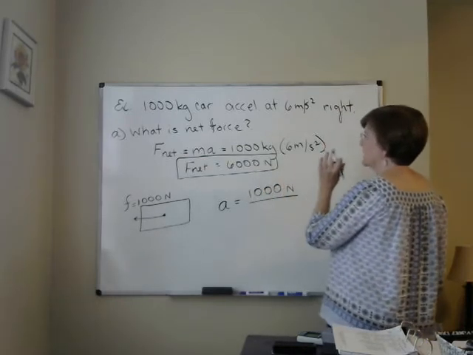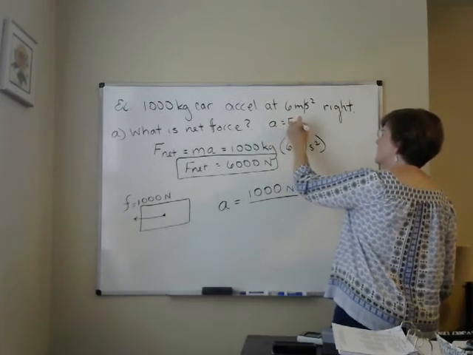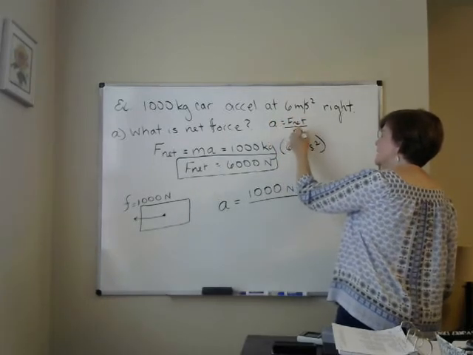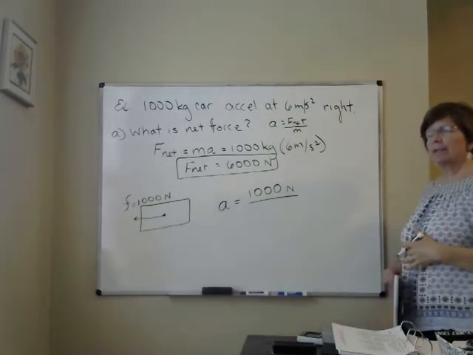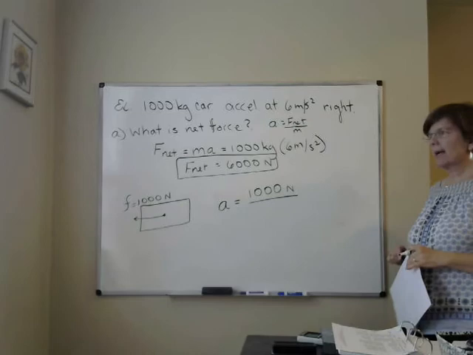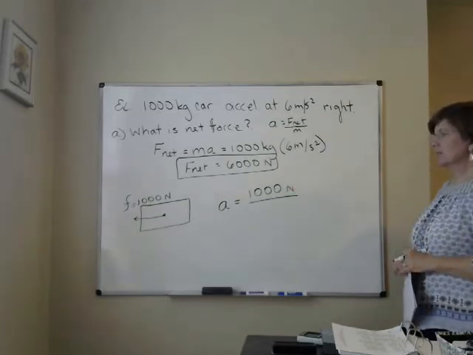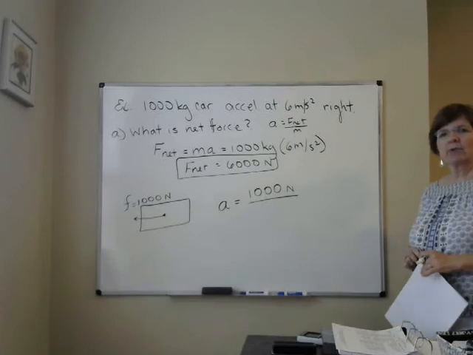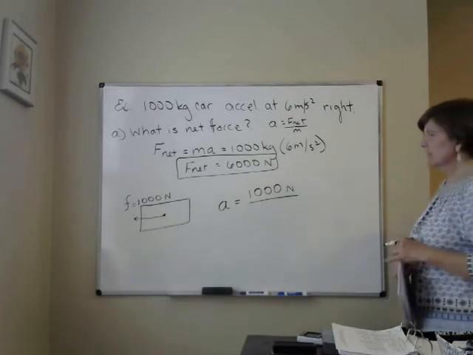Remember, acceleration is net force divided by mass. So if I step off the gas, I'm not giving it any more gas, I'm just coasting, friction still is going to exert that 1,000 newton force. As long as the car is moving, that frictional force will be constant.